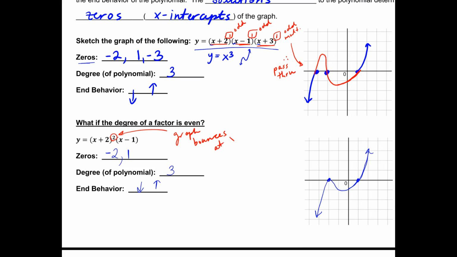Bounces at the 0, x equals negative 2, and you can see that occur right here. So you can see that kind of bounce. The graph started going towards the x-axis, but bounced off of it, does not pass through. Any questions on that? No? Okay, let's keep going.